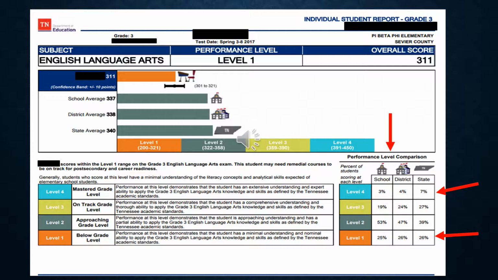You will also see that 26% of the district and 26% of the state scored in this same category. Just to show the level of difficulty for this test, only 3% of the school, 4% of the district, and 7% of the state performed at level 4 mastery level, which indicates that the student knows the content well enough to teach it.